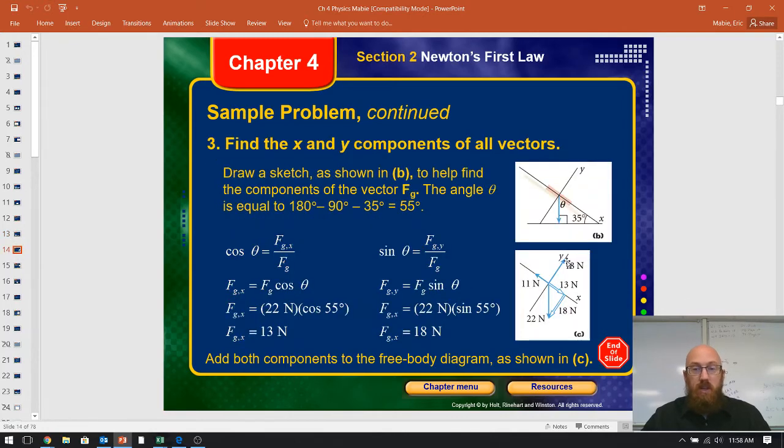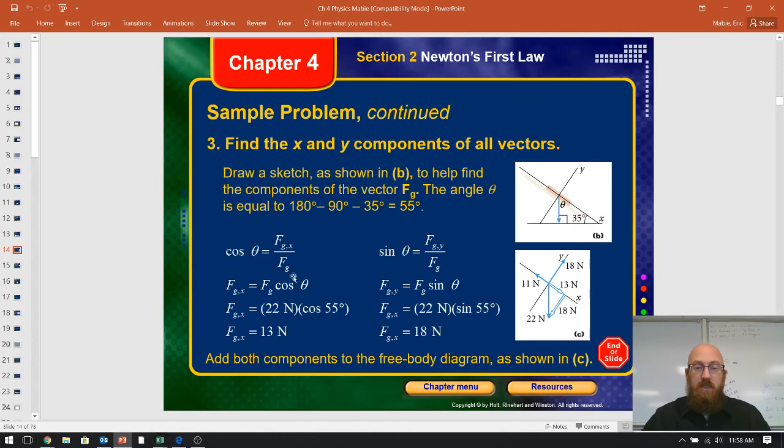So if you look, we make a triangle. The angle of 35 degrees, we have to calculate what that is. By using our triangles, oh look, 35, 90, that angle has to be 55 degrees. So now we have to say, okay, how much force is being pulled down the incline versus how much force is going down in the y?